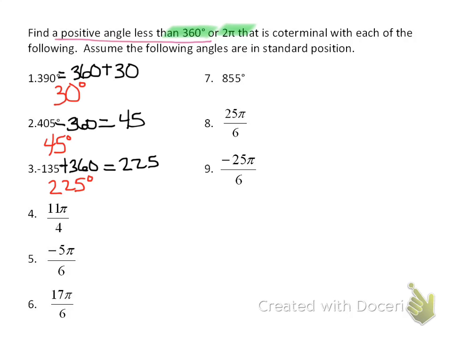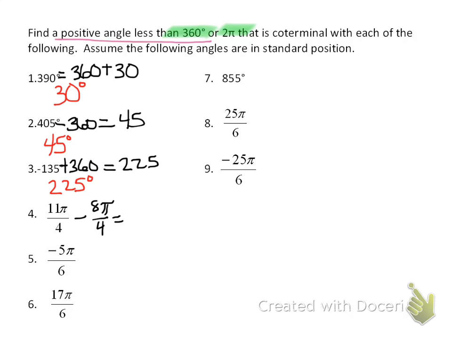8 pi over 4. So we're going to use the same process, but talk about it in terms of radians. We're going to subtract 8 pi over 4, and keep doing that until we get a number that's less than 2 pi.